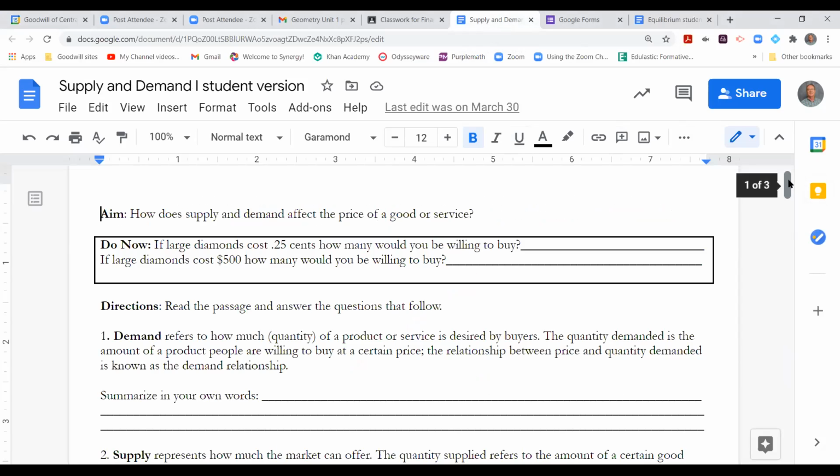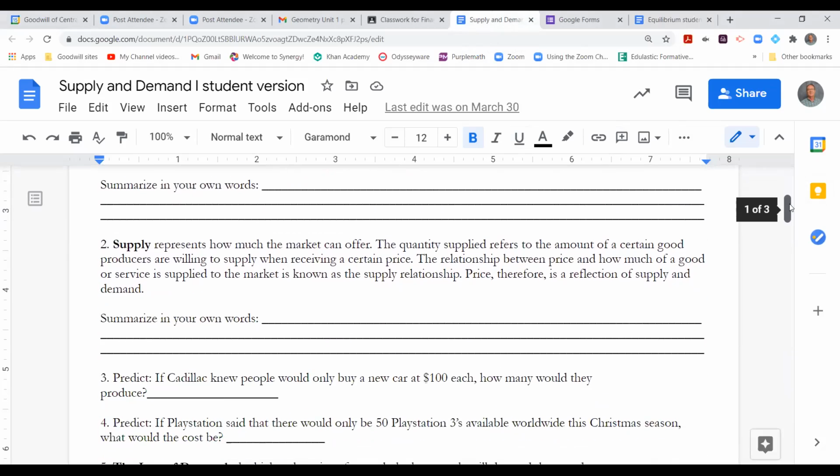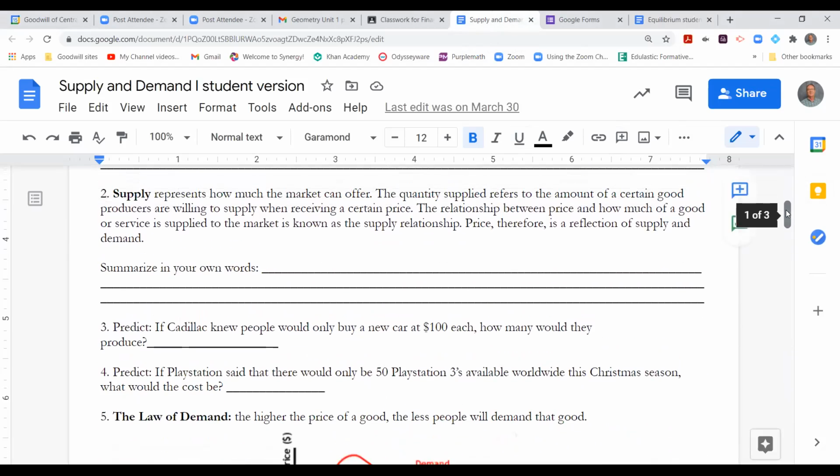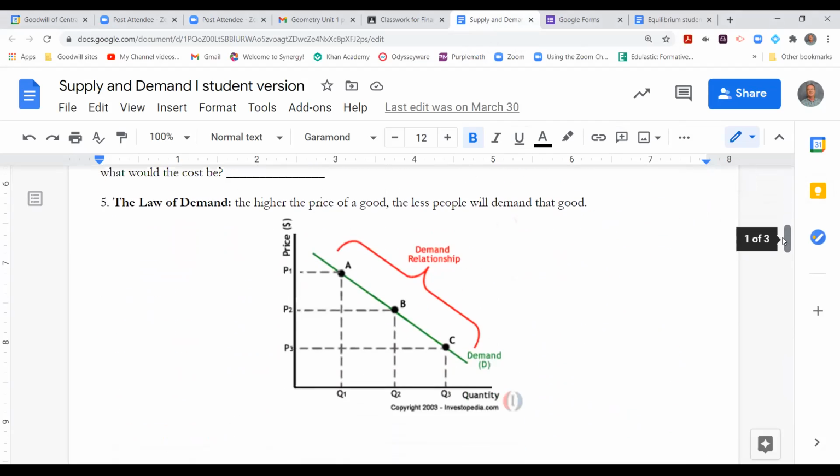So if I go back to this other handout here, the law of demand. Well, it's not really a law. Congress didn't pass it.